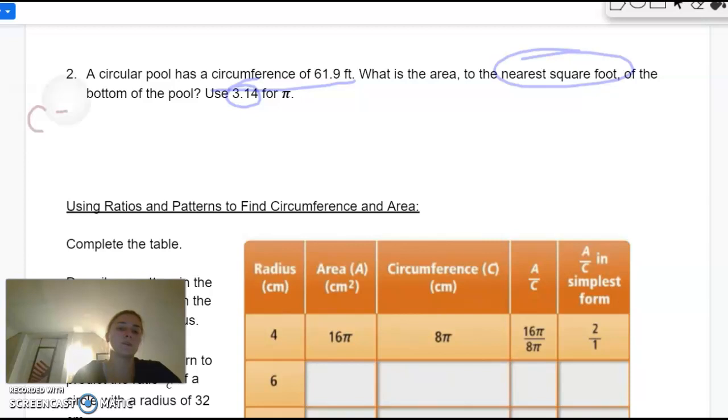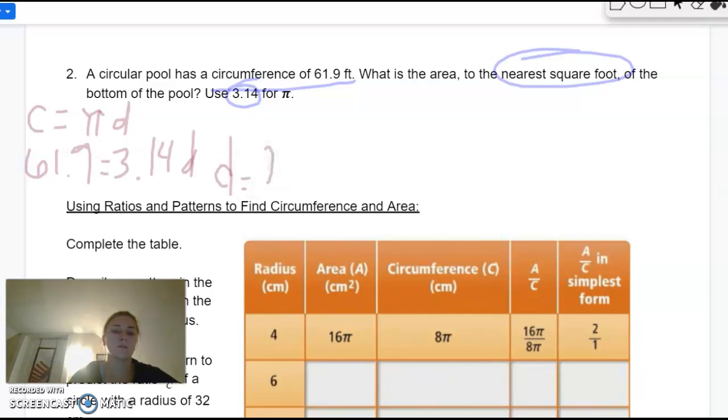We have circumference equals pi times diameter. We have our 61.9 equals 3.14 times diameter. When we divide by 3.14, we are left with 20 approximately for our diameter. And we know that our radius is half of the diameter, so our radius must be 10.